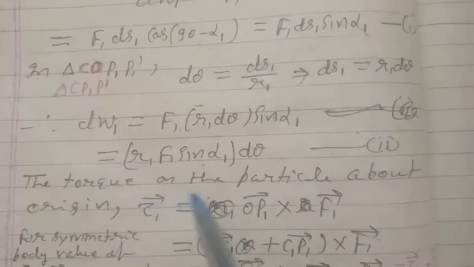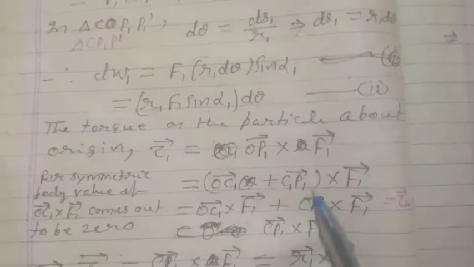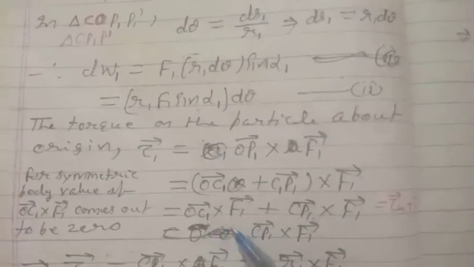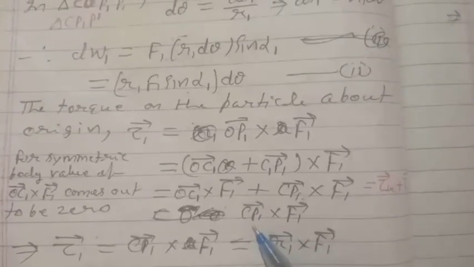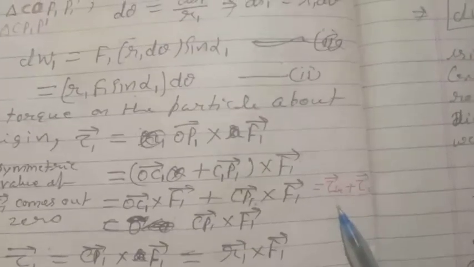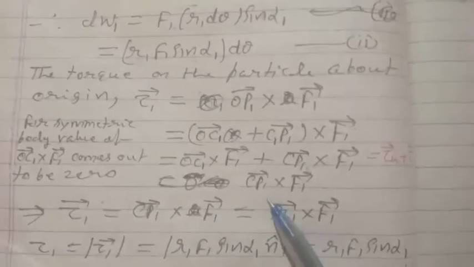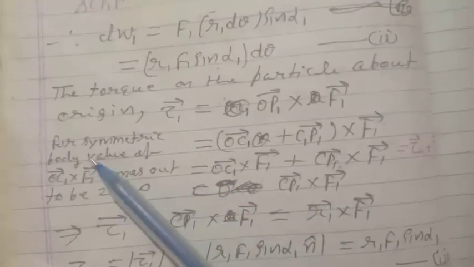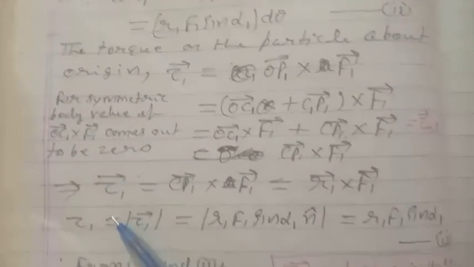The torque on the particle about the origin, tau1, equals OP1 cross F1, which equals (OC1 plus C1P1) cross F1, which equals OC1 cross F1 plus CP1 cross F1. The first term is the component along the z axis, tau z, and the second is perpendicular to it. For a symmetric body, the value of OC1 cross F1 comes out to be 0.